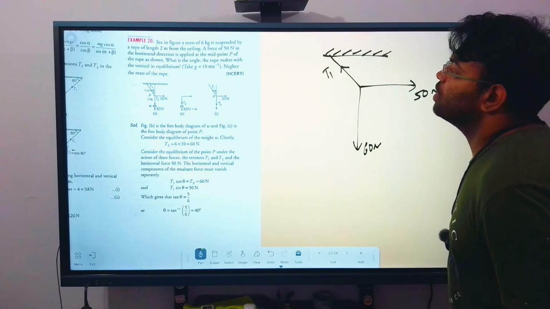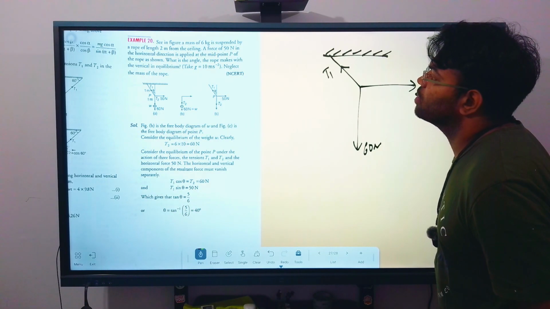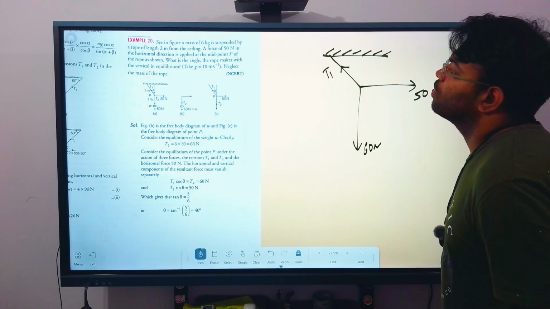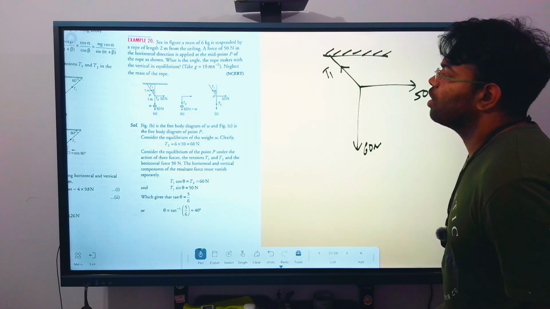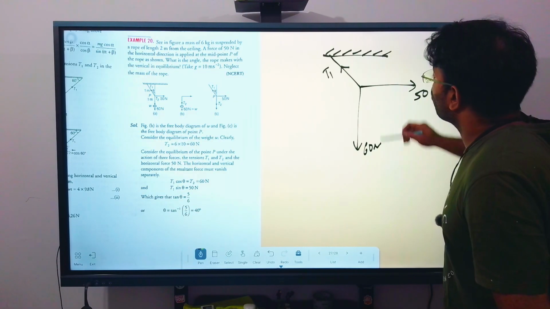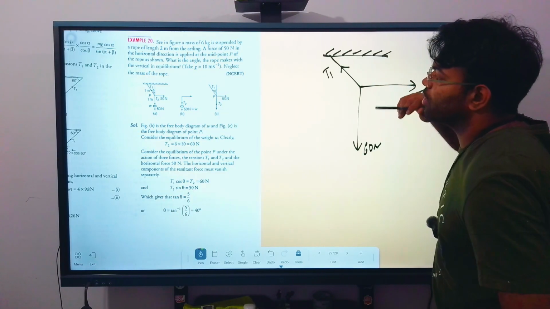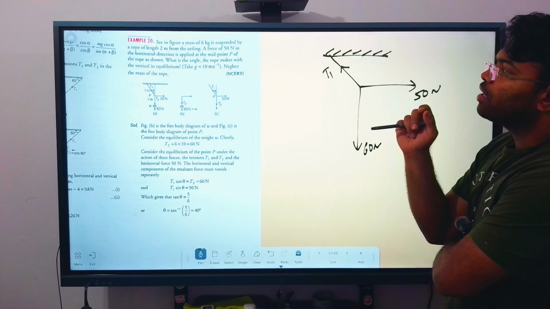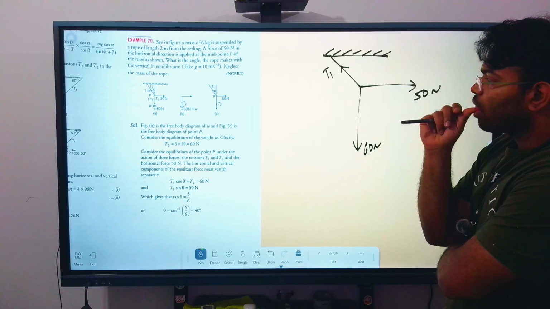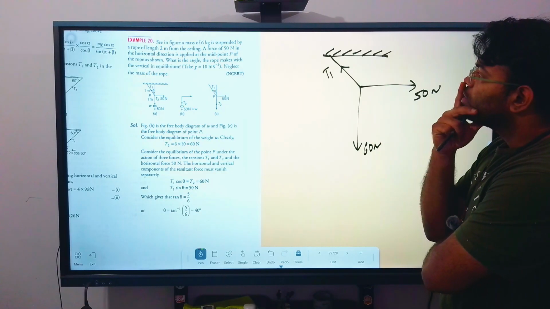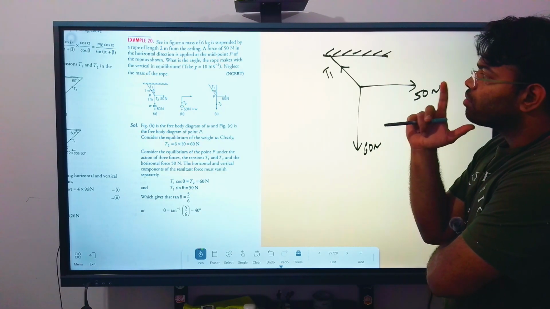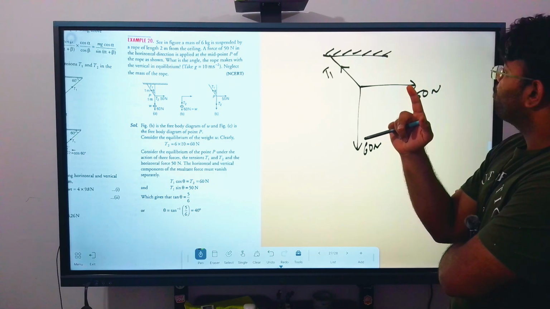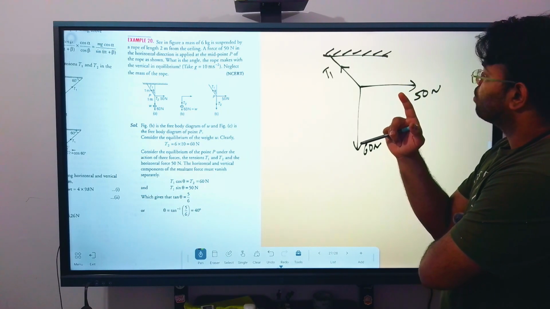A mass of 6 kg is suspended by a rope of length 2 meters.